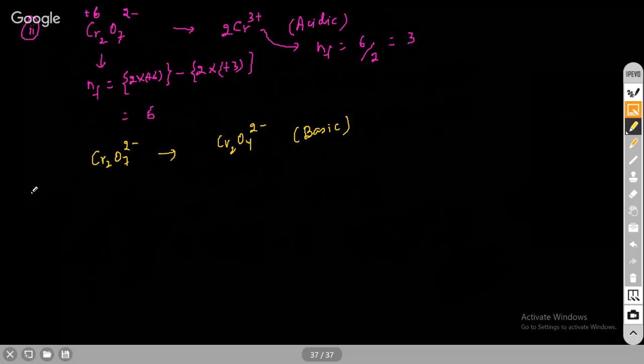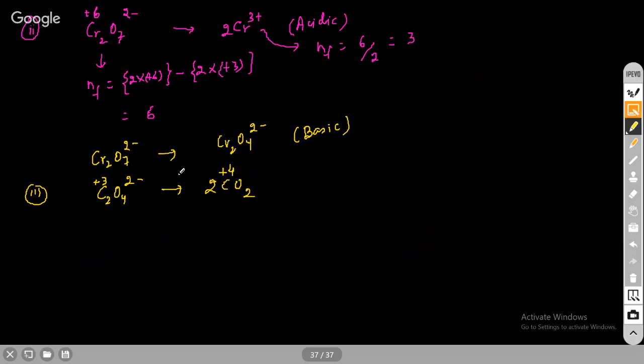Third one, oxalate ion. If I write this reaction, C2O4 2 minus, oxalate ion, converts into 2CO2. Here the oxidation state of carbon is plus 3, and here it is plus 4 for carbon. So the change in oxidation number is what?